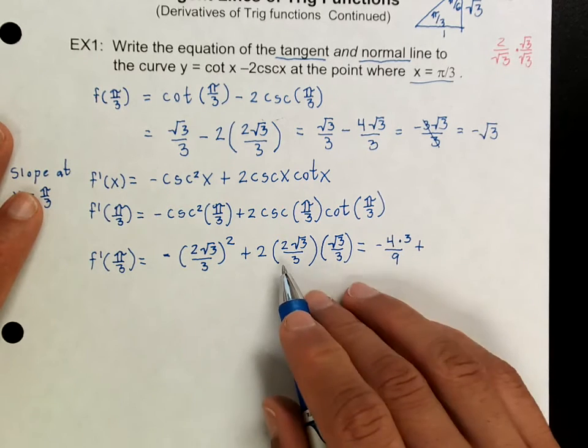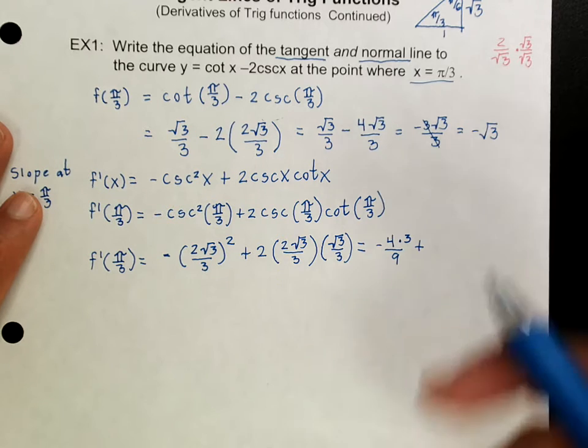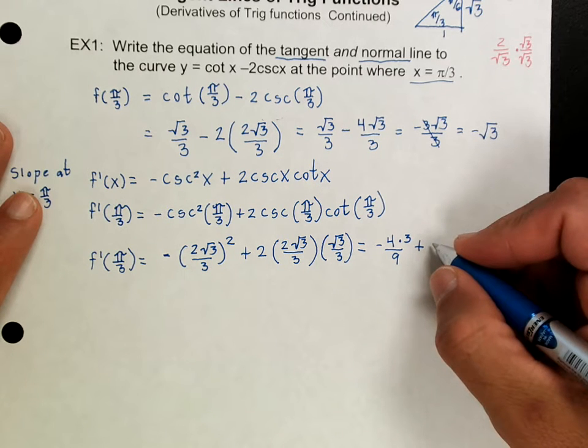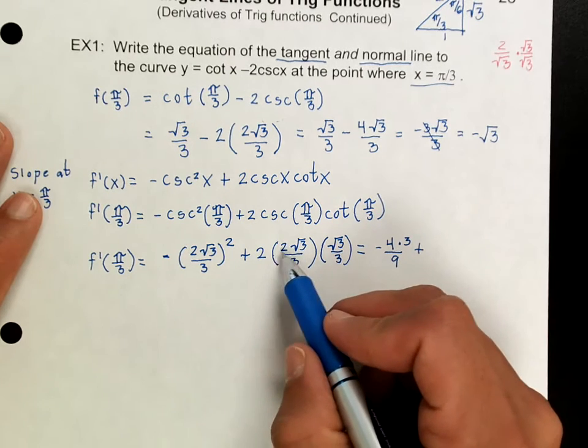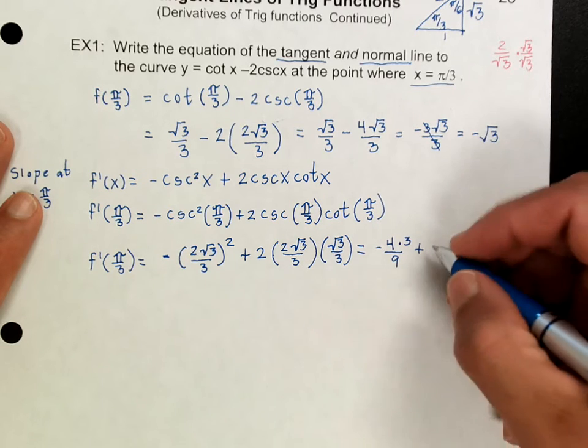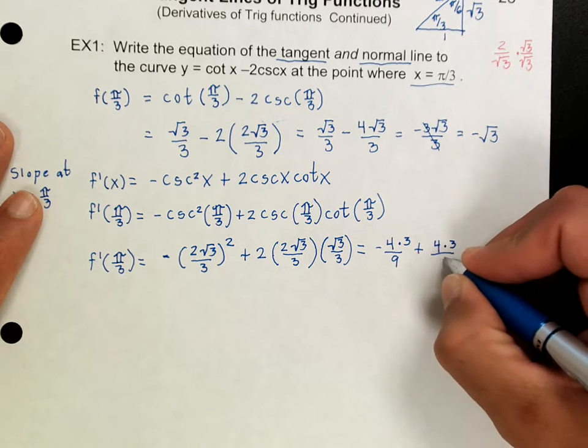And now this right here, let's see what I got. Square root of 3 times that. Let me see what happens here. I would have a 4 here. It would be 4 times 3 over 9 also.